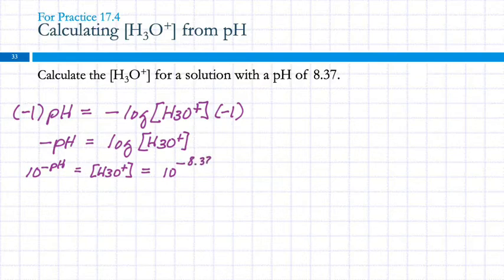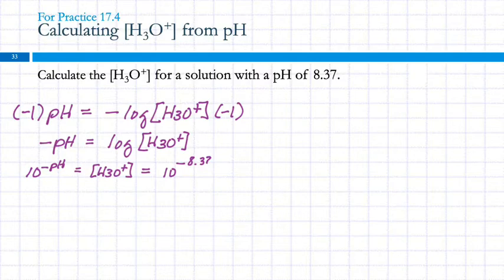Now, that's a perfectly fine number, but we don't use numbers like that, right? We like our exponents to be whole numbers. So we need to do this on our calculators and get an actual number. I'm going to press my 10 to the x button.